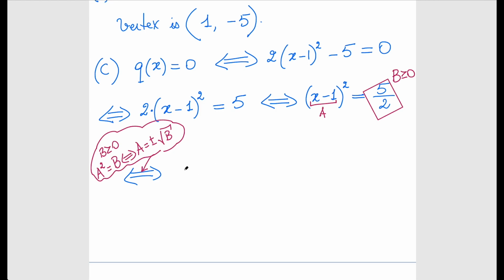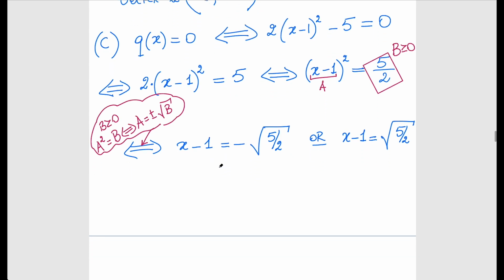We obtain that a is plus or minus square root of b. So a is equal either to the minus square root of 5 over 2, or to the plus square root of 5 over 2, right? So either this or that. And what does it mean for x?